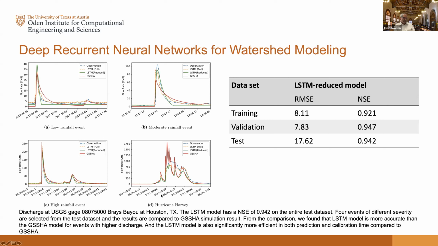That was pretty surprising to us, because a storm of the magnitude of Harvey was really outside of the training set. On the right here, you can see some of the errors that were computed for this reduced model.